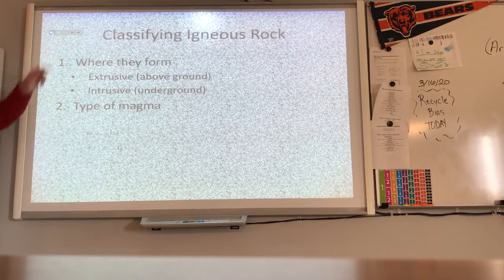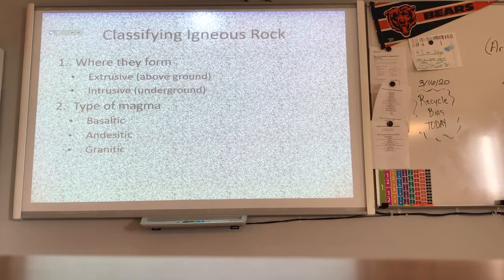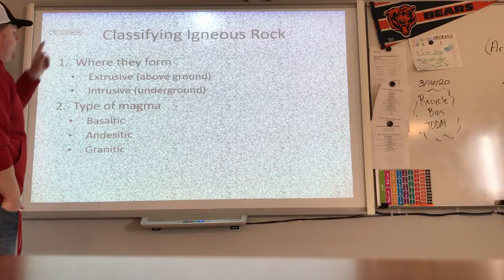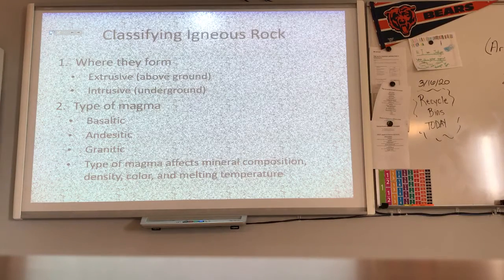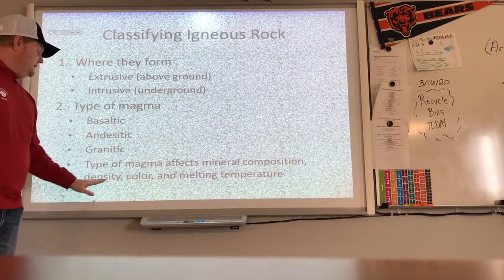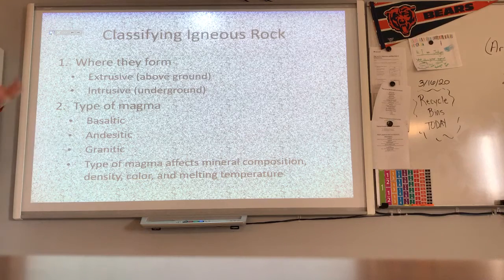Type of magma. Basaltic, andesitic, and granitic. We dealt with these when we talked about volcanoes. The type of magma affects the mineral composition, so that's the density, the color, and the melting temperature. That's why you can have so many different colors of rocks, because the impurities, the density, the color, they're all affected by what is inside it and what type of magma that came from.